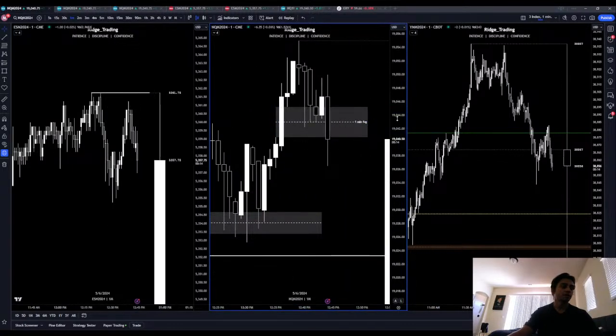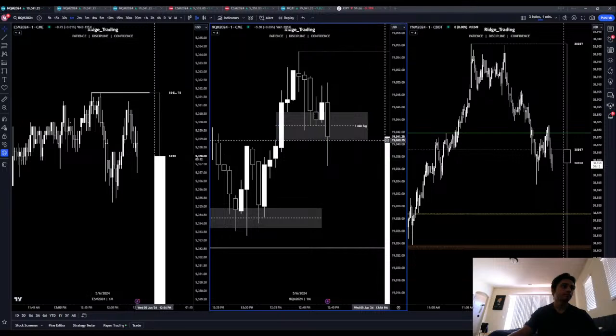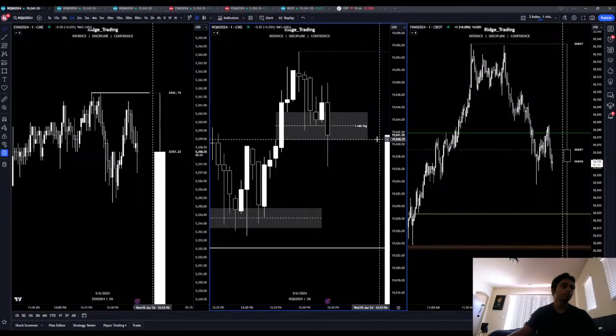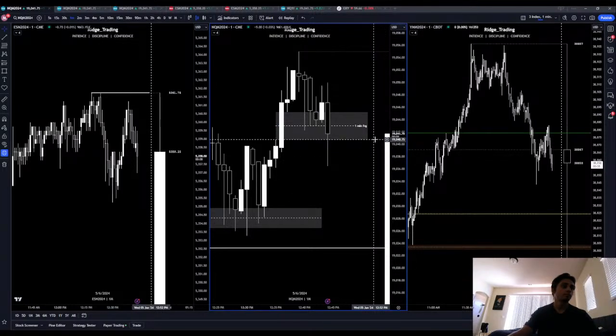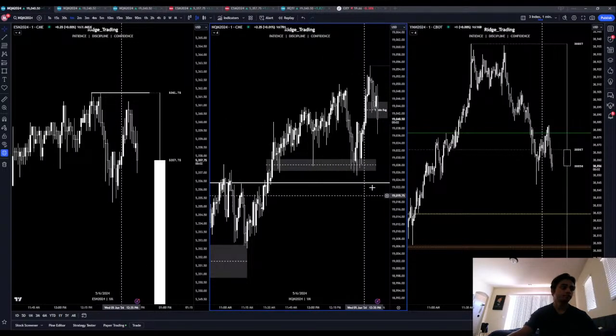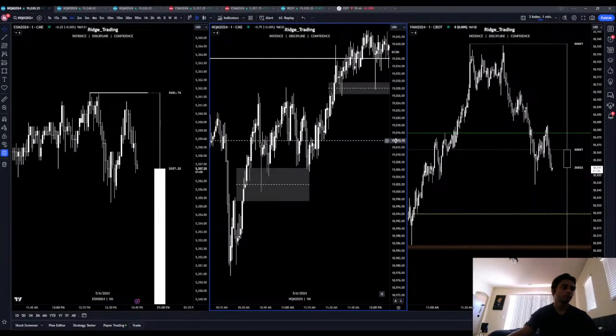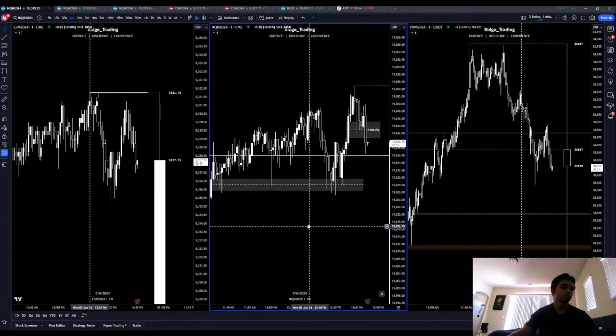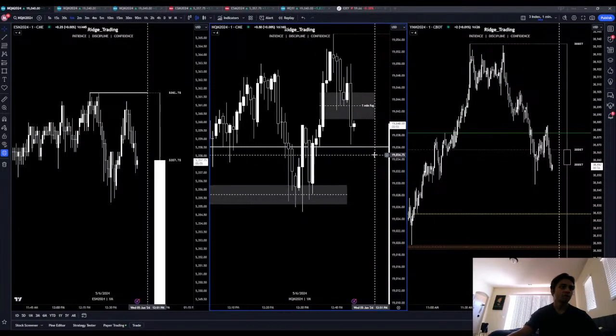See if this closes above. Did not close above.